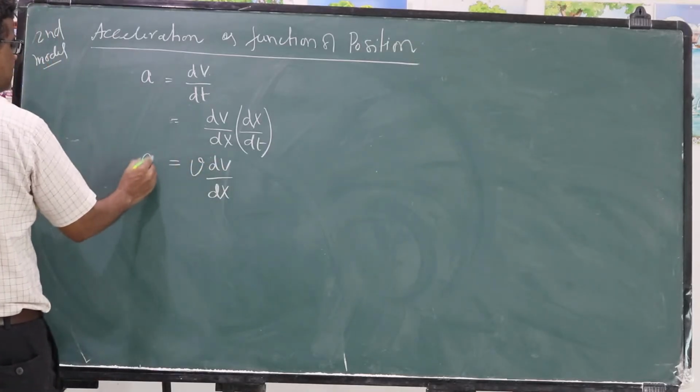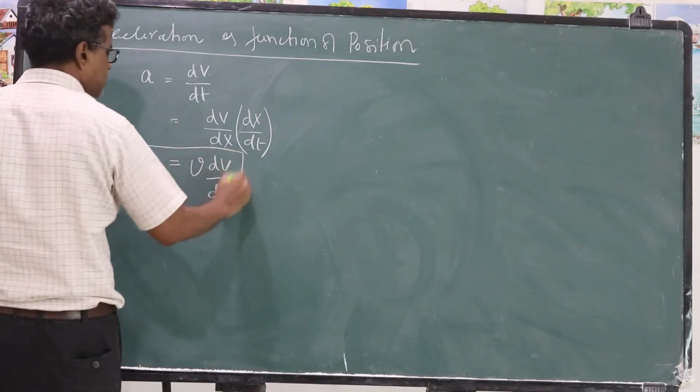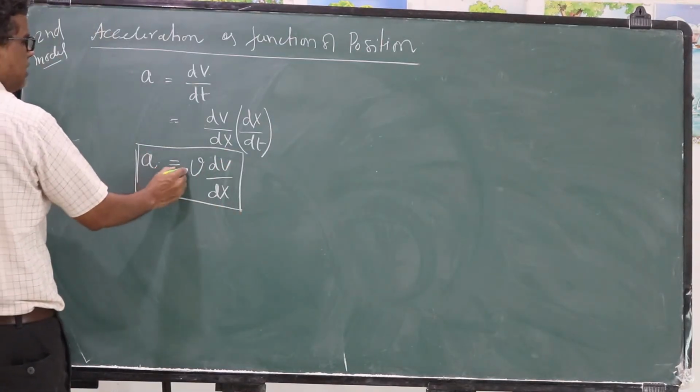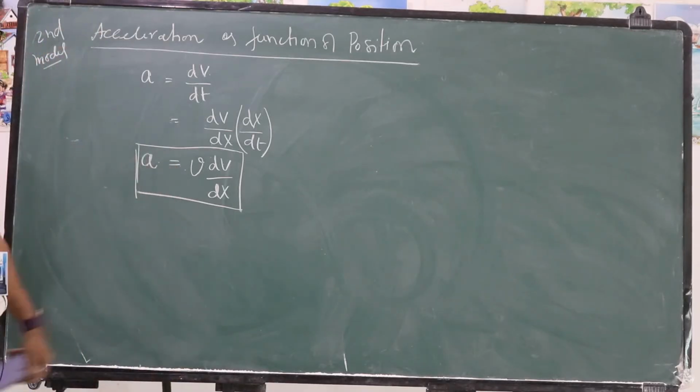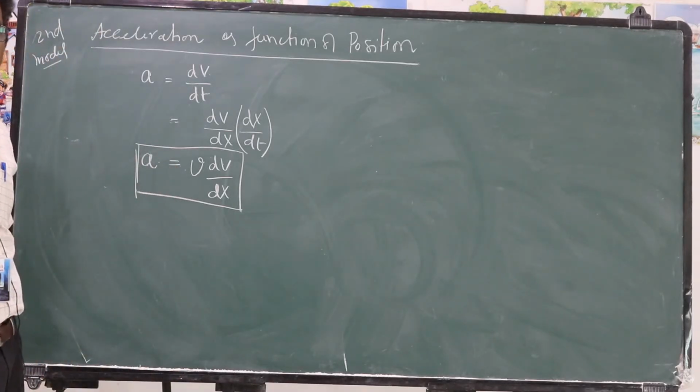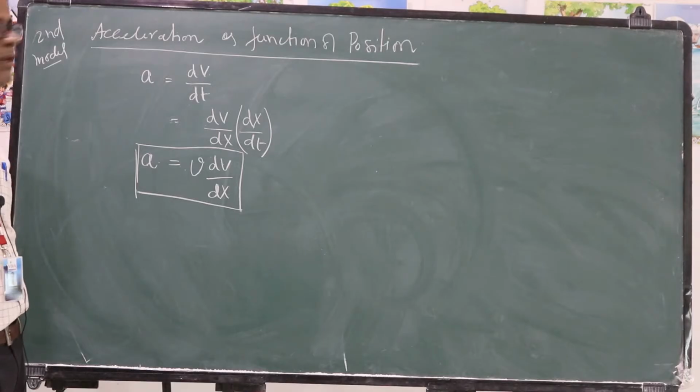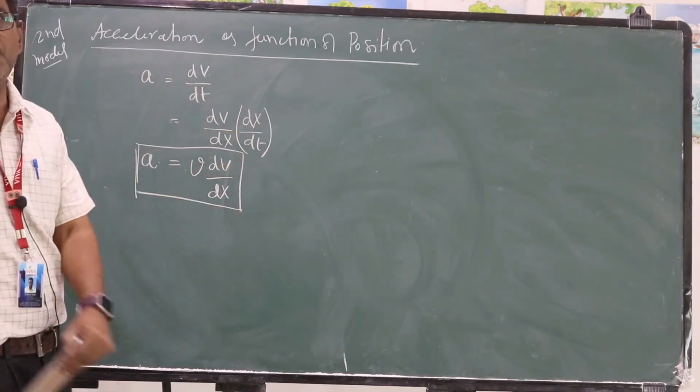So acceleration is equal to velocity into dv by dx. This equation we use frequently to solve problems when acceleration is a function of position.